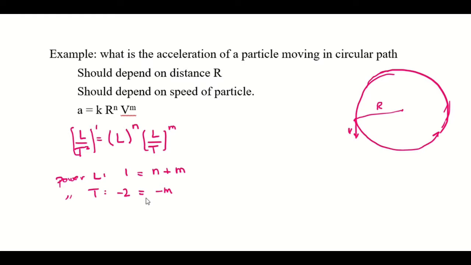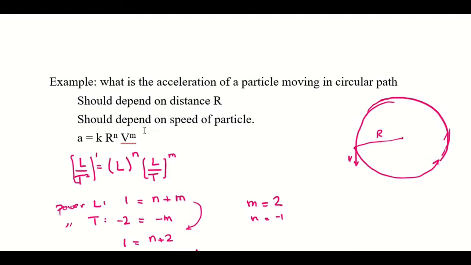So we get one answer, m equals 2, from here. We can plug m equals 2 here, and we get 1 equals n plus 2. That's this equation, and therefore n equals 1 minus 2, which is minus 1. So n is minus 1.